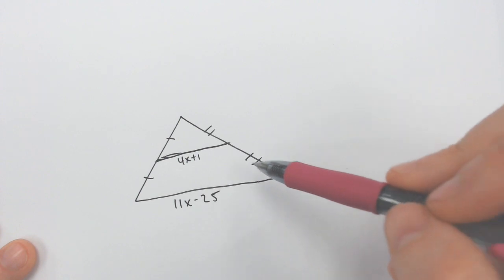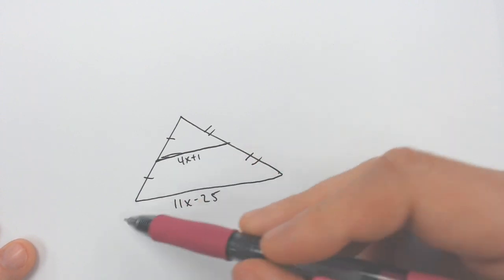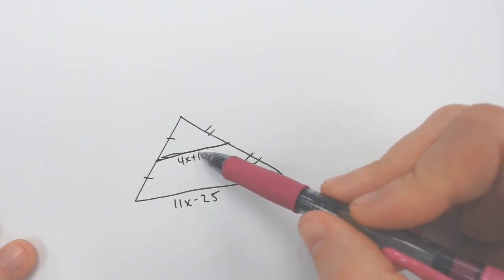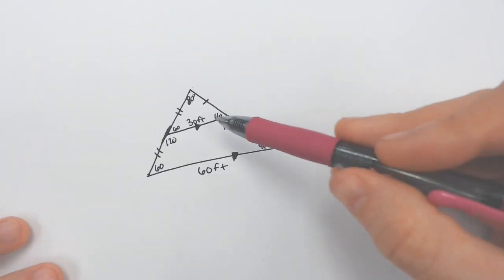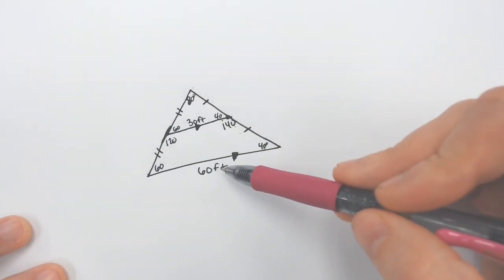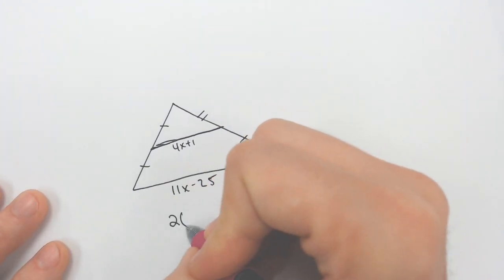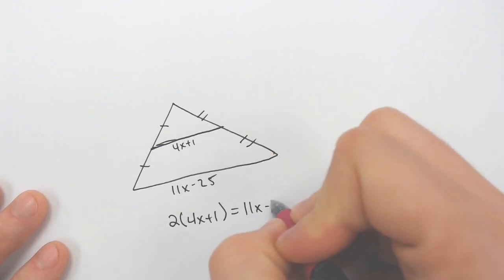The relationship is that this mid-segment is half the size of the bottom, the main part. So if you double something, you would get the entire thing. On our previous problem, if we took 30 and doubled it, we got 60. Well, here it might not be a 30, but I could still double that 4x plus 1, and it would equal the 11x minus 25.